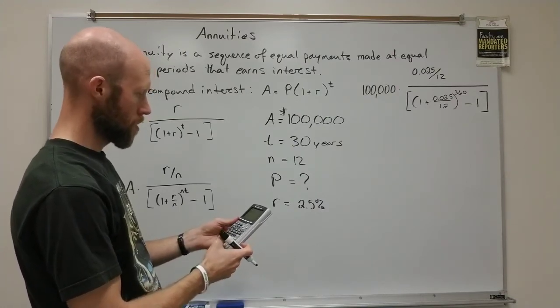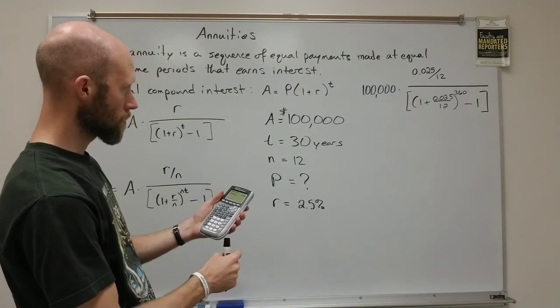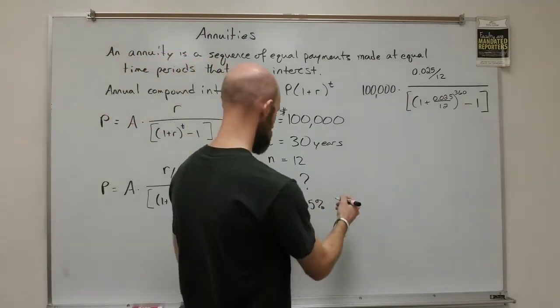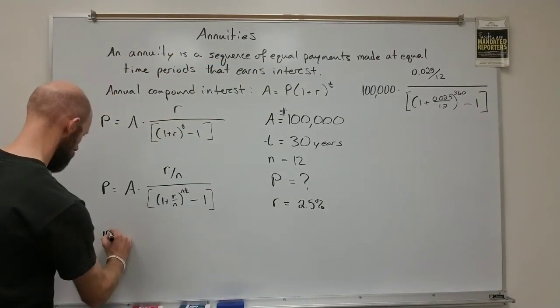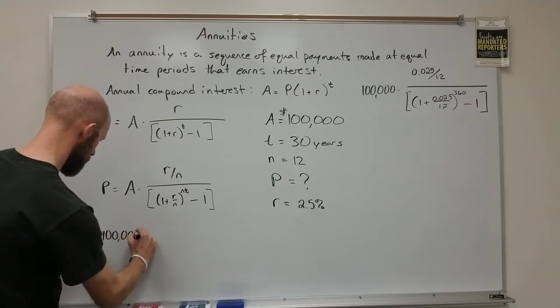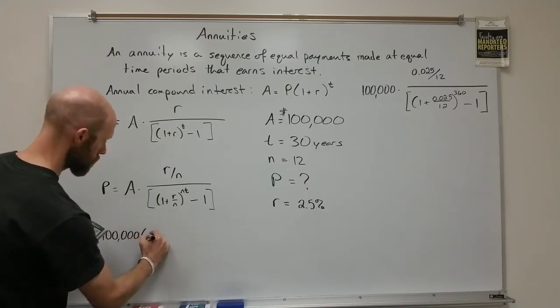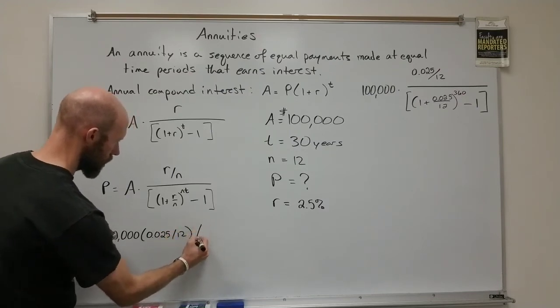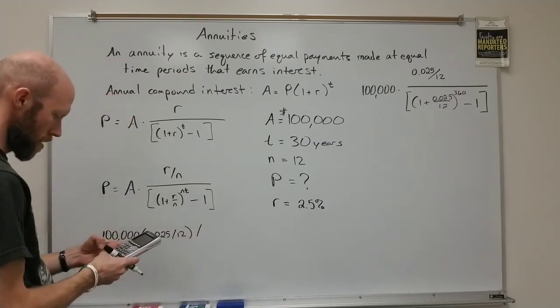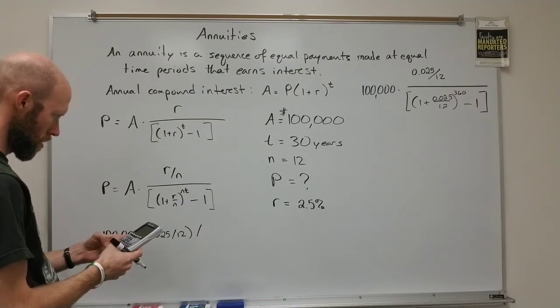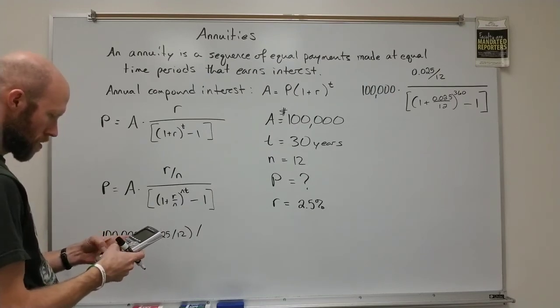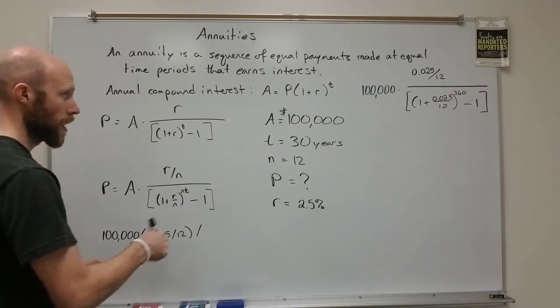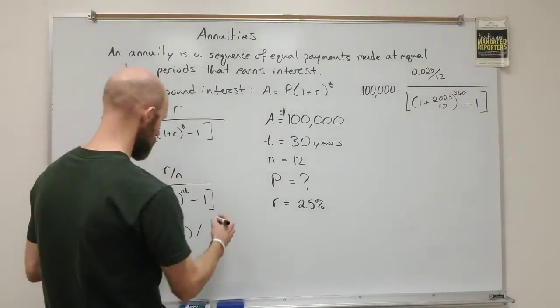When I type this in, I'm going to do the 100,000 times the numerator 0.025 over 12, and then I'm going to divide that by the other stuff, which all needs more parentheses.